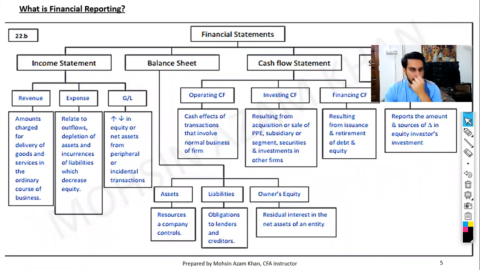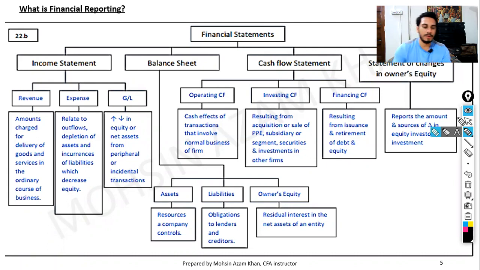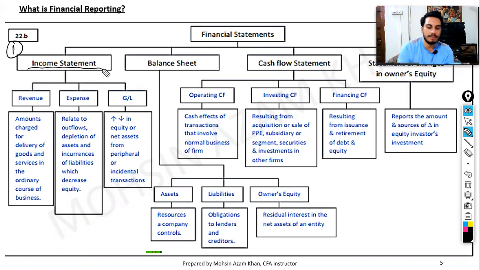Now next, we understand financial statements. How many financial statements does the company report? Number one it reports is called the income statement. So what items are there in the income statement?